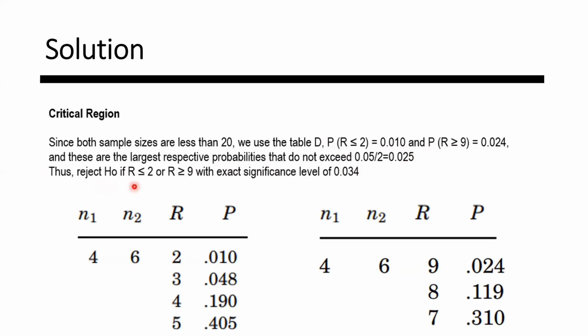Thus, we reject H0 if R is less than or equal to 2 or R is greater than or equal to 9 with exact significance level of 0.034.